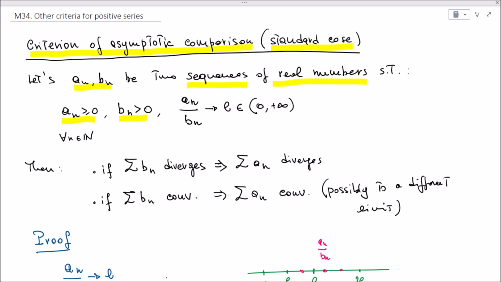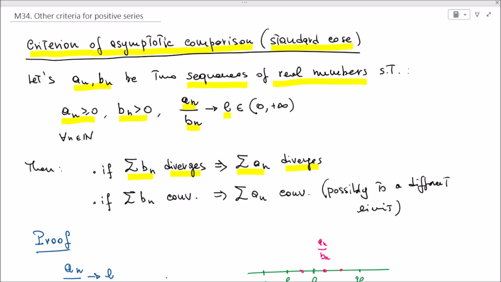So if we have that the ratio An divided by Bn, which is a new sequence, is convergent to a positive real number L, then we can conclude that if the series built on top of Bn diverges, then the series built on top of An diverges.